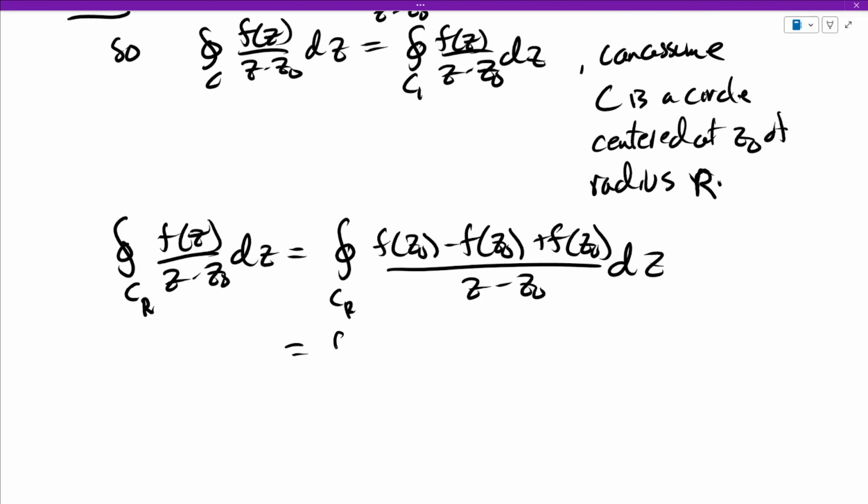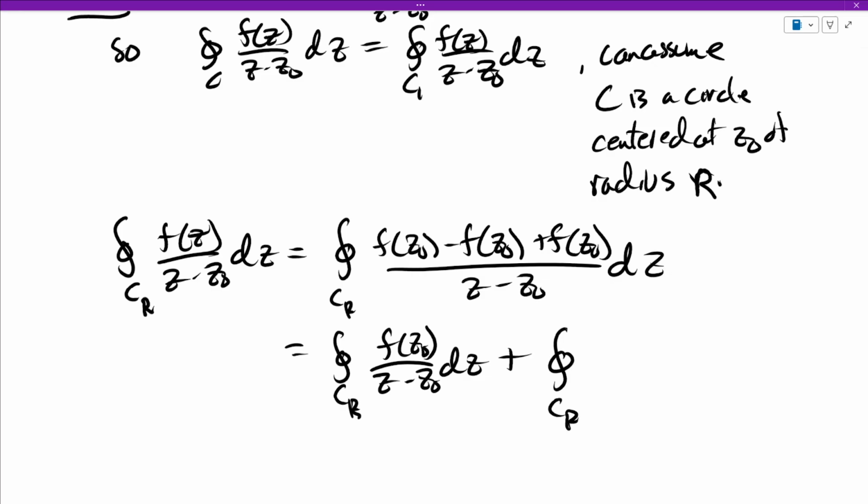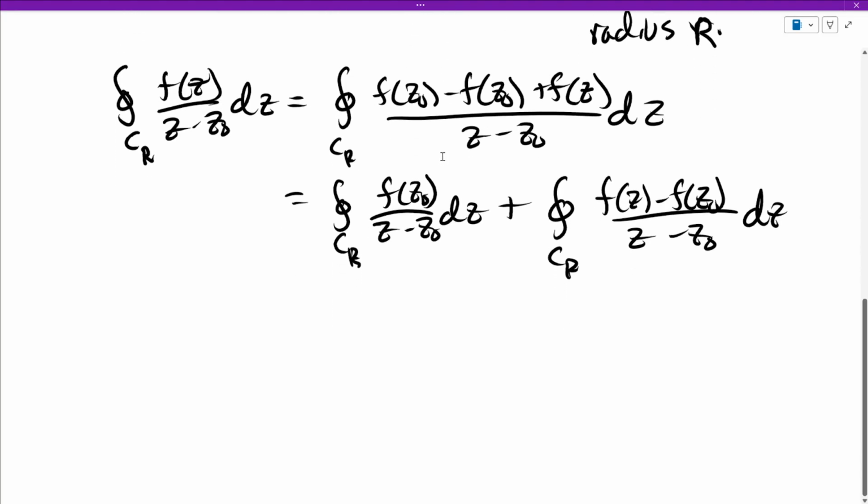Then we can break this up as the integral over that circle of radius R of f of z naught over z minus z naught dz, plus what's left from the numerator. Oops, this should be a z here, my bad. There we go. So this is what's left, and I'm going to put the negative on the other side. Great, so we have that.